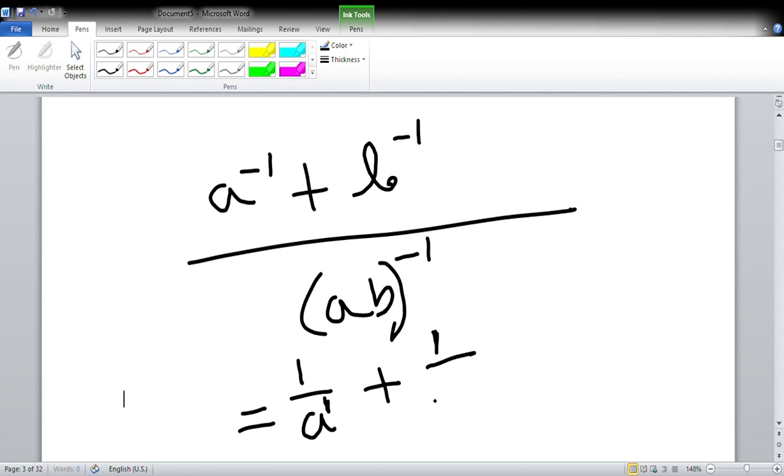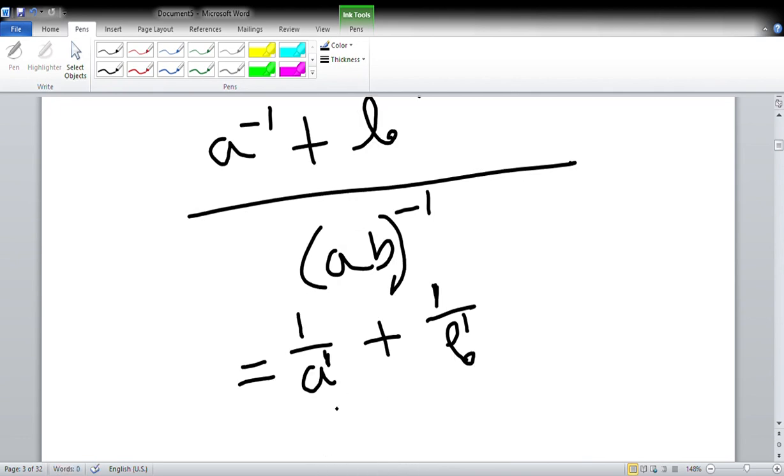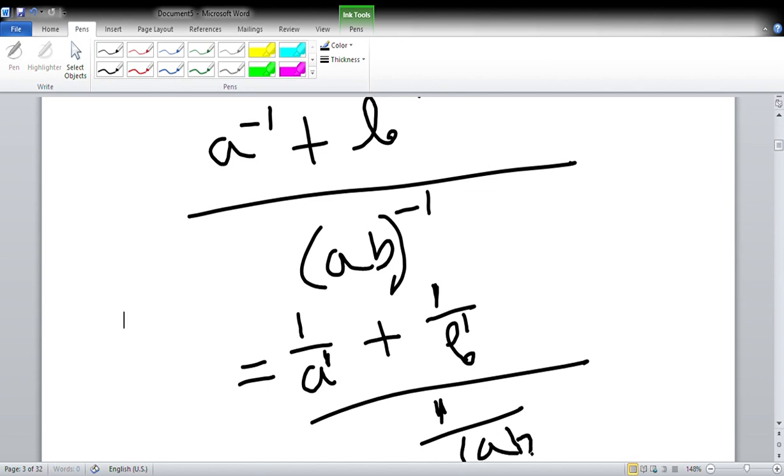Again 1 by b to the power 1. And again you have to divide it by 1 by ab to the power 1.